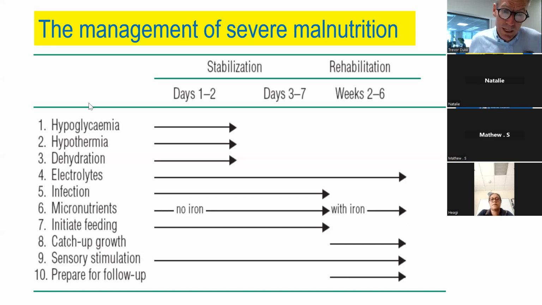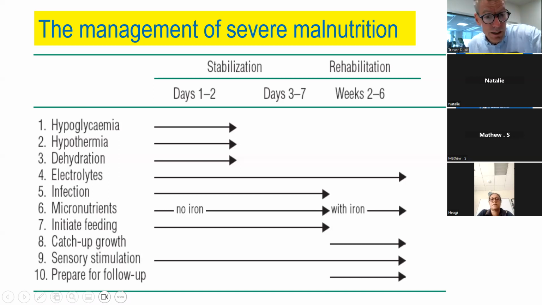The most important part should happen immediately. And then catch-up growth, which is going from F75 to F100. And then sensory stimulation, which is really just trying to engage the child and play with the child in an age-appropriate way, and then follow-up.